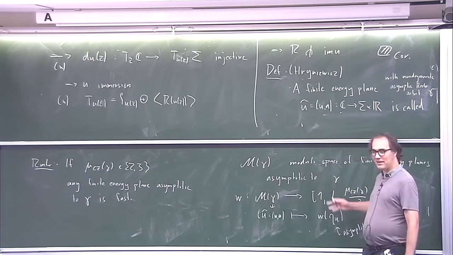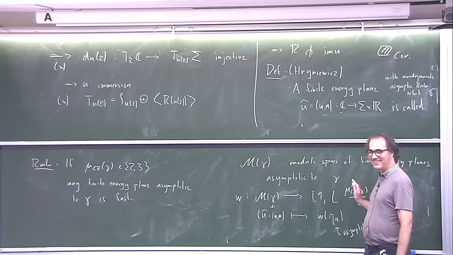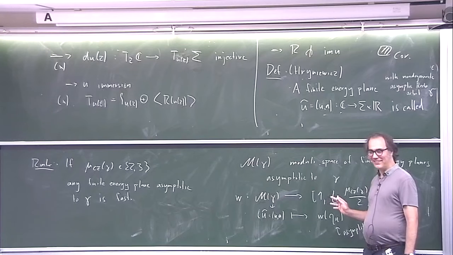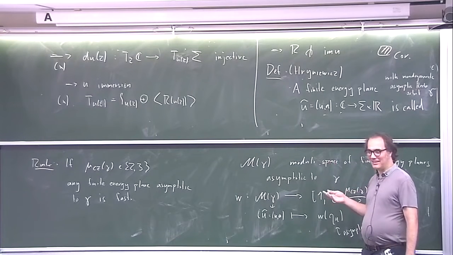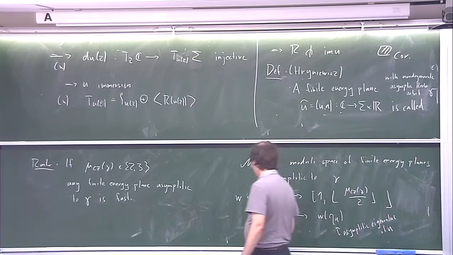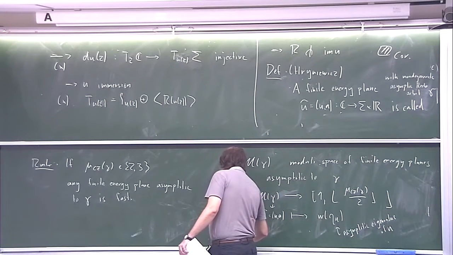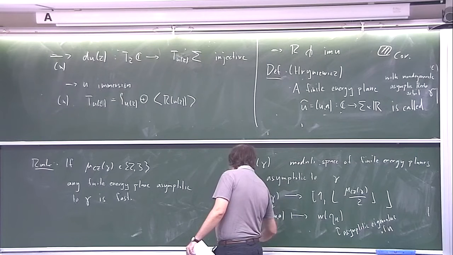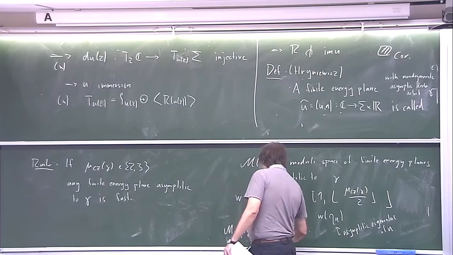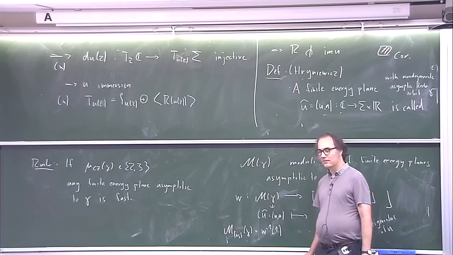For my purpose, I would ignore the other part. I just consider the fast part. But if you want to do other things, maybe. So we have M fast of gamma.